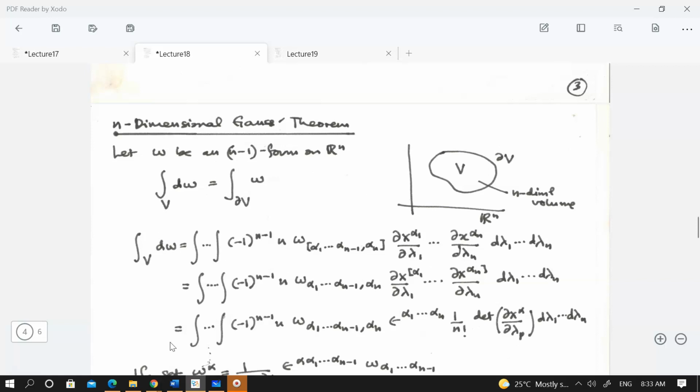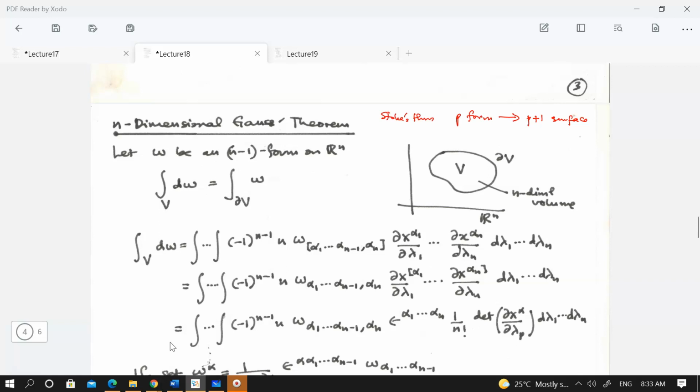So previously a P form, over a P plus 1 surface. Okay, so this is the content of your Stokes theorem. Now the Gauss theorem is different.